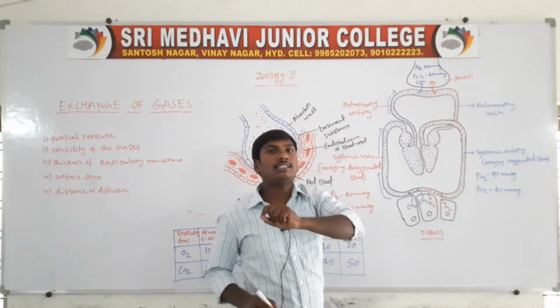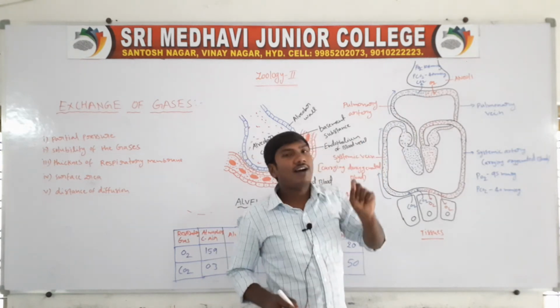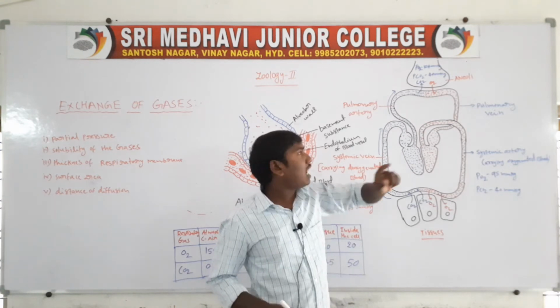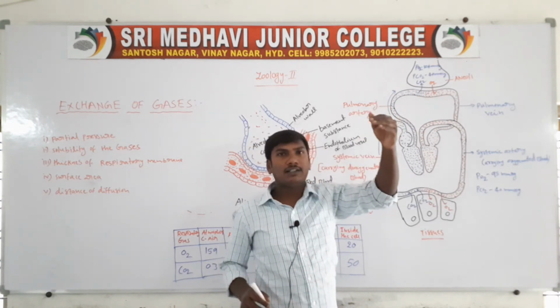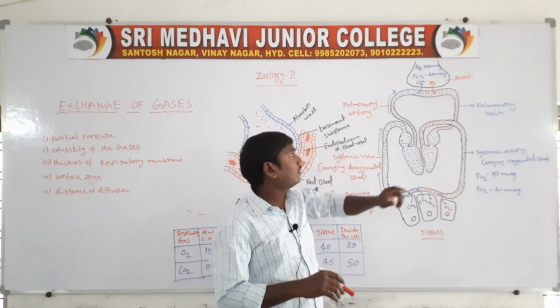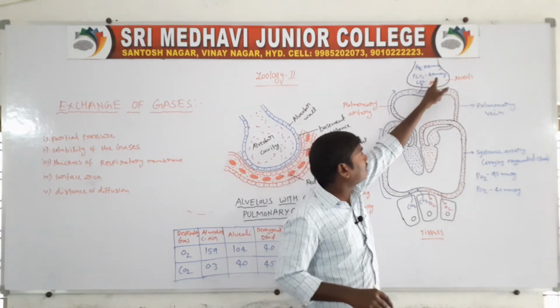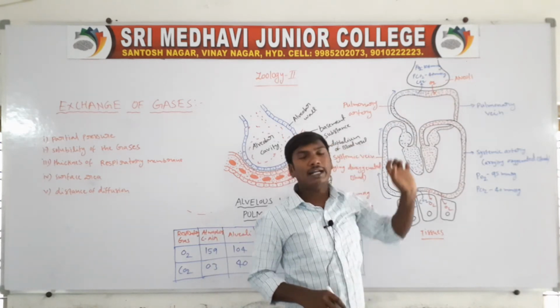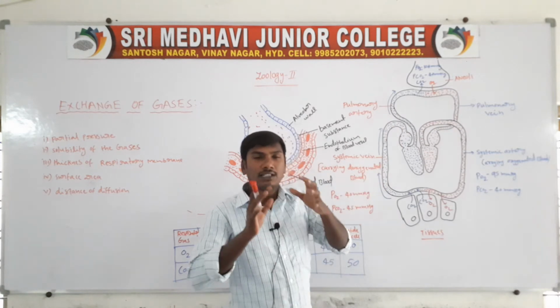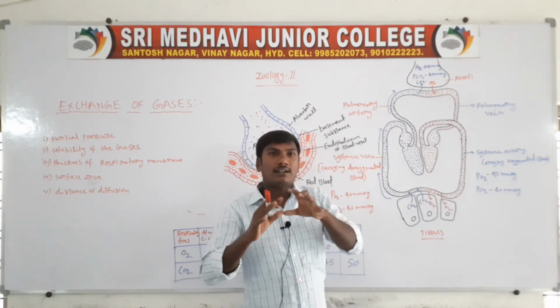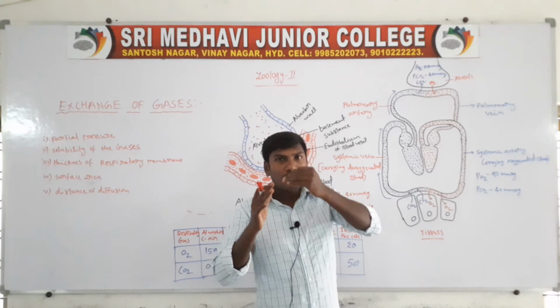So oxygen is at high pressure and CO2 is at low pressure. In this area, oxygen diffuses from the alveoli into the blood. Diffusion occurs from high pressure to low pressure.